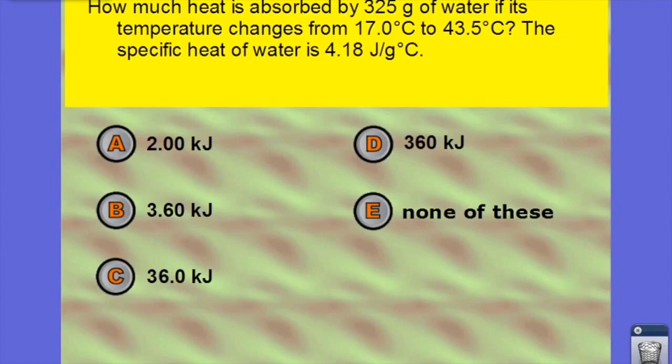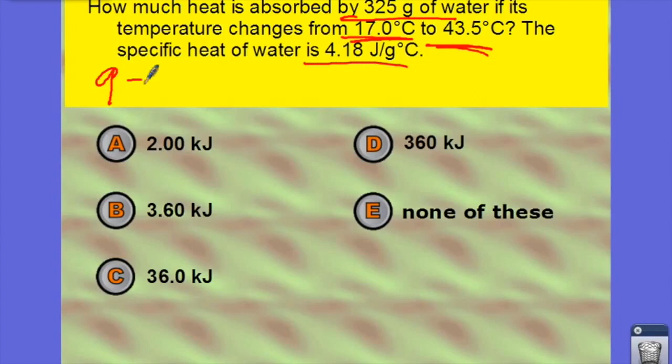Next. How much heat? Let's get our calculators. How much heat is absorbed by 325 grams of water if its temperature changes from 17 to 43.5? The specific heat of water is 4.18. So get your calculator.